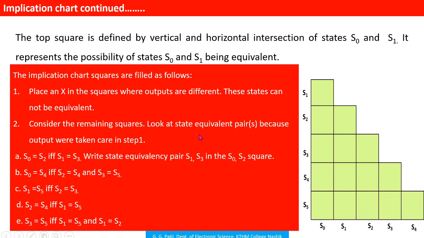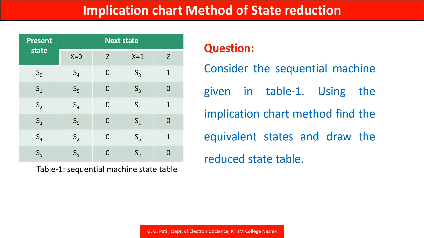Then secondly, we have to enter the remaining state spaces. Here, if we see the state table carefully, first state S0 and S1 is to be taken care of. In S0 and S1, see the output Z for X equals 0 is 0, 0, and here it is 1, 0.